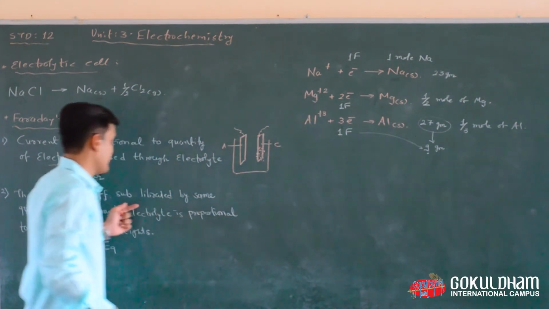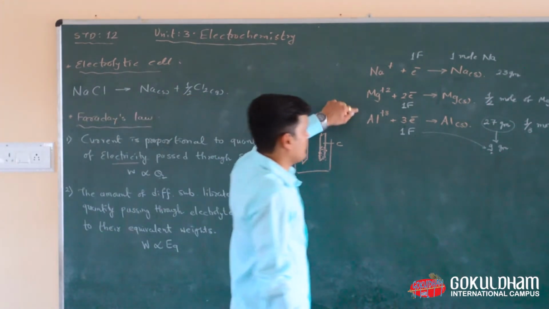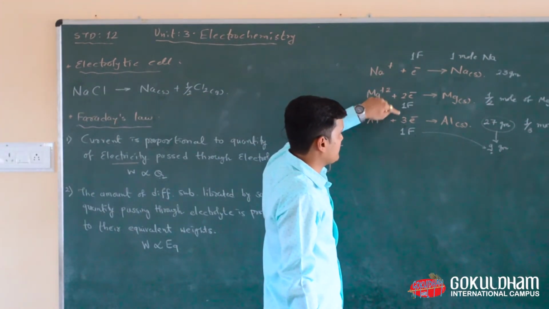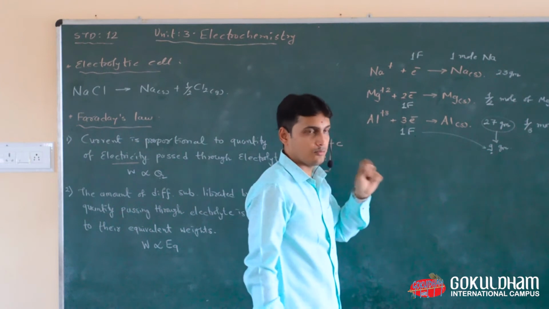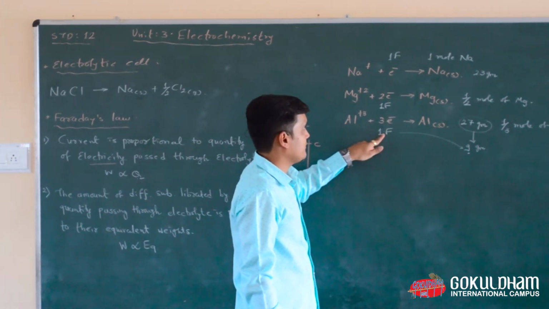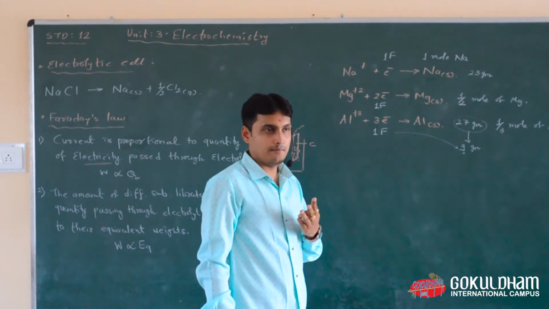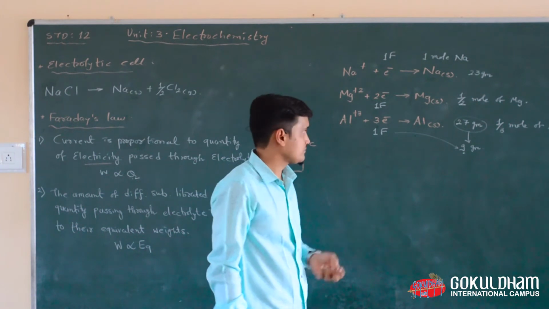So Faraday wants to tell us that the amount of any atom, molecule or ion which accepts electrons is directly proportional to the Faraday. 1 Faraday means 1 mole of electrons, 2 Faraday means 2 moles of electrons, 3 Faraday means 3 moles of electrons.